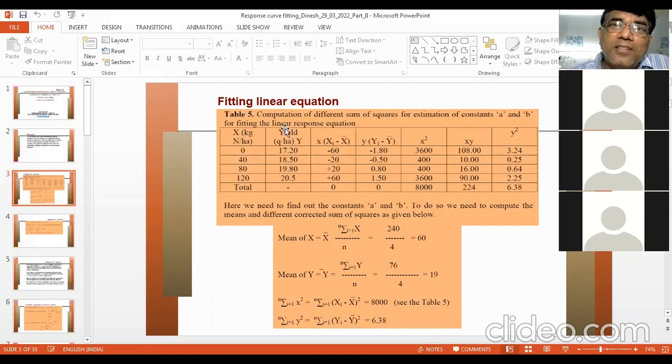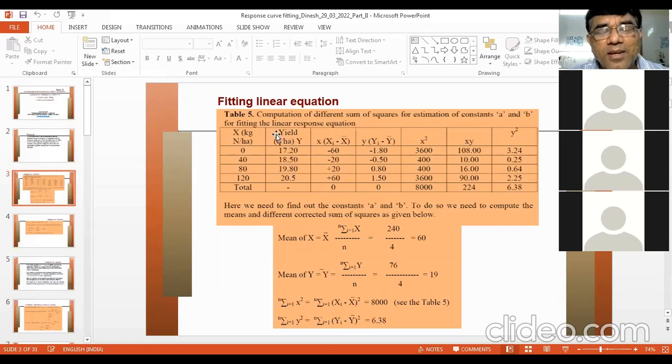What is the nutrient concentration? You can make the relationship between nutrient concentration and your nutrient application. Similarly, you can take plant height here. So you can make any variable. If your interest is not in economics, then you can put any variable here in place of Y, which you consider I want to take it as dependent variable.